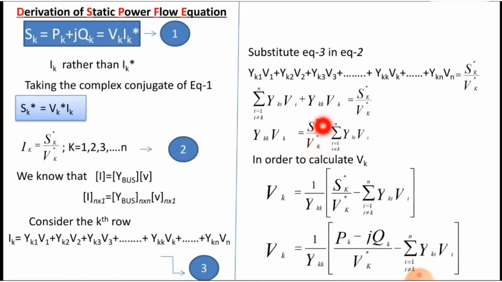It is Sk conjugate by Vk conjugate minus sigma of i is equal to 1, i is not equal to k to n, Yki Vi. In order to calculate Vk, I am throwing the Ykk value to this right hand side.